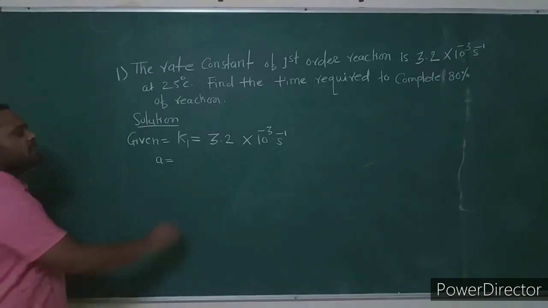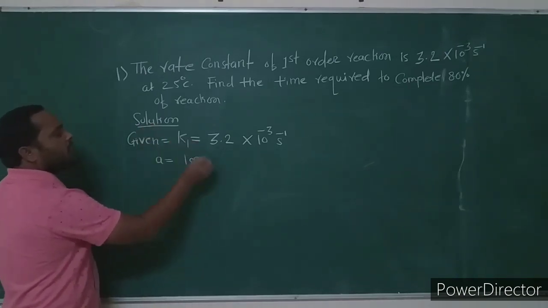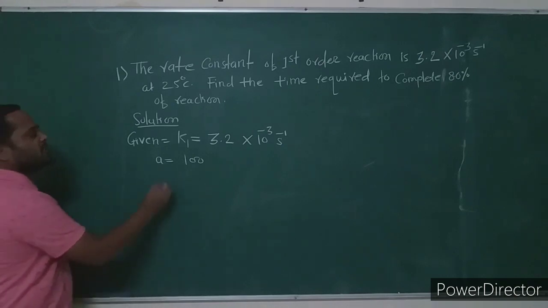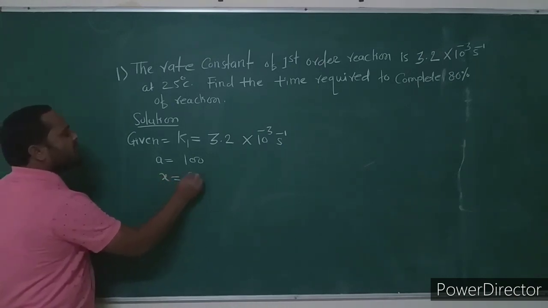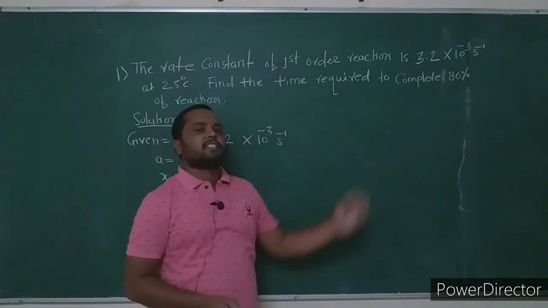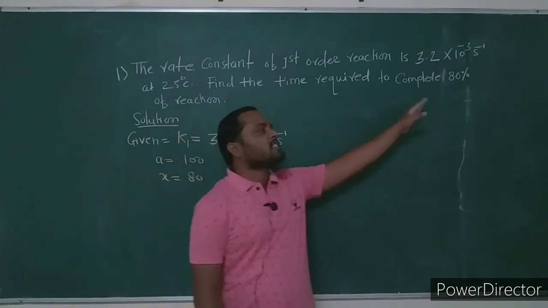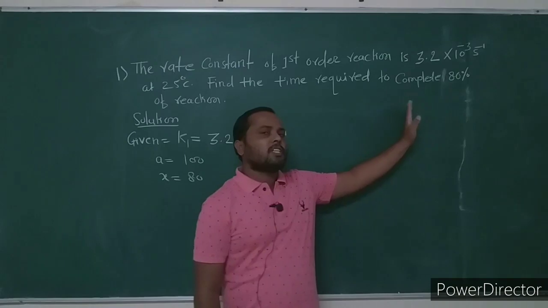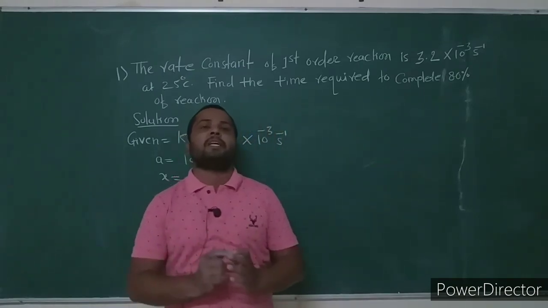A is given 100%, X is 80%. The initial concentration of reactant is 100. Out of this, 80% is reacted. What is the time required to complete the 80%?